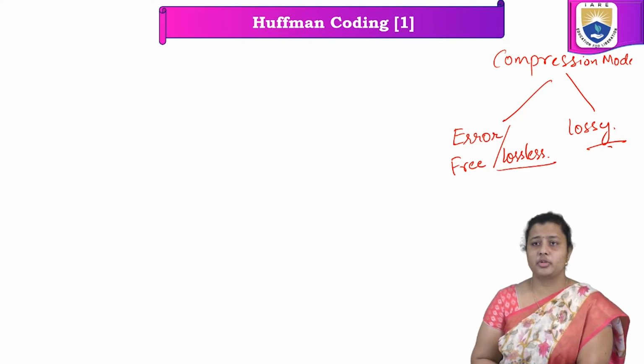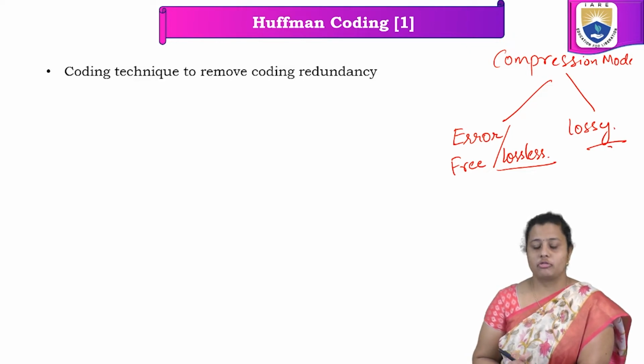There are different types of lossless or error-free models which we'll be studying. In today's class, we'll be talking about two such models: Huffman coding as well as Shannon-Fano coding.